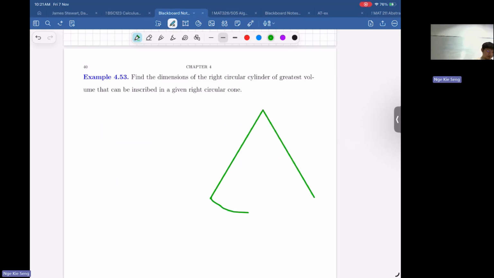It is circular, meaning the base is a circle. It's a right circular cone, so the tip is at 90 degrees to the base. And then you want to put a cylinder inside, the largest cylinder you can fit.